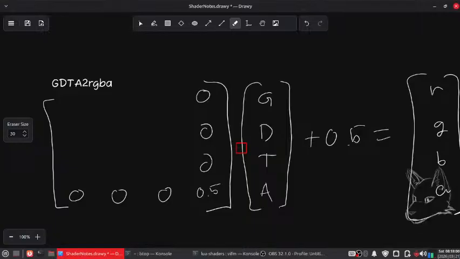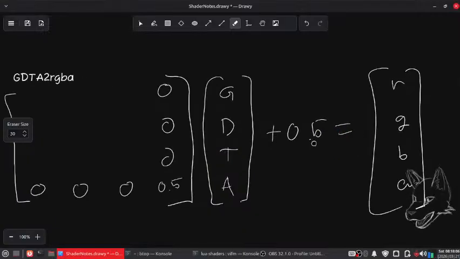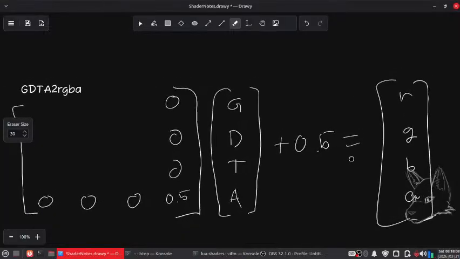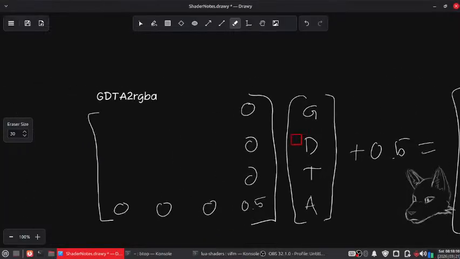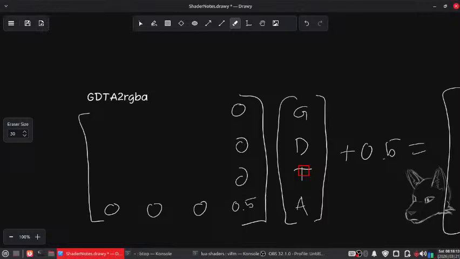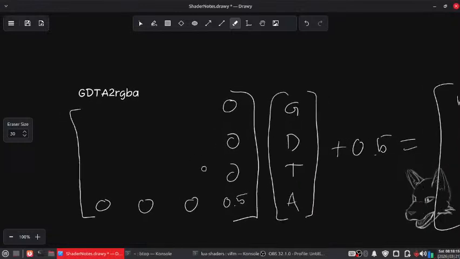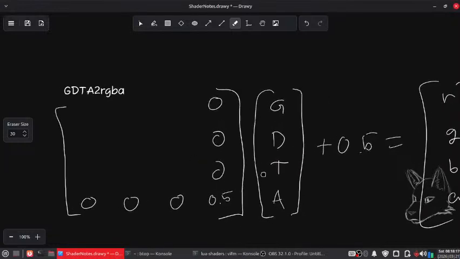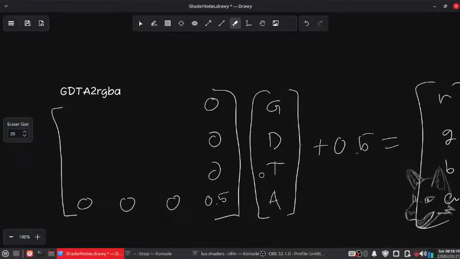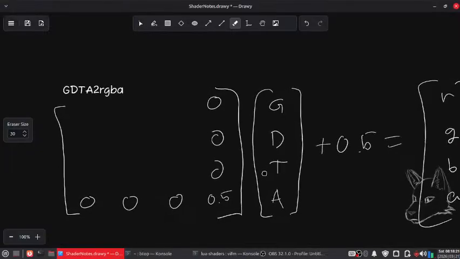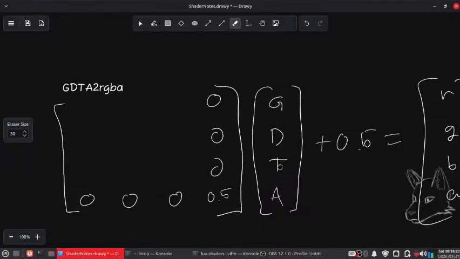What am I doing? This is hard for me to reason about. What am I targeting? The RGB minus the half. RGB minus a half. Yeah.